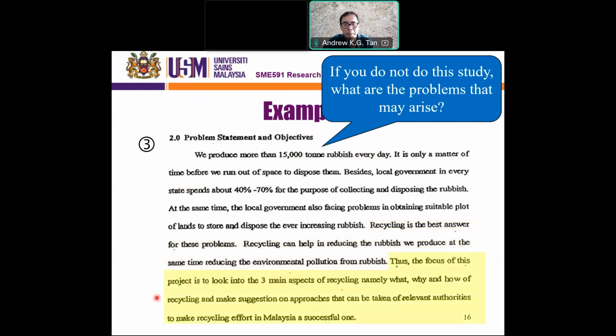Thus, the focus of this project is to look into the three main aspects of recycling, namely what, why, and how recycling, and so on. This is the objective. The focus of this project is to do this. That is objective. So here, the student has combined objectives with the problem statement and then included statistics unnecessarily in the problem statement. Diluted the problem statement already.